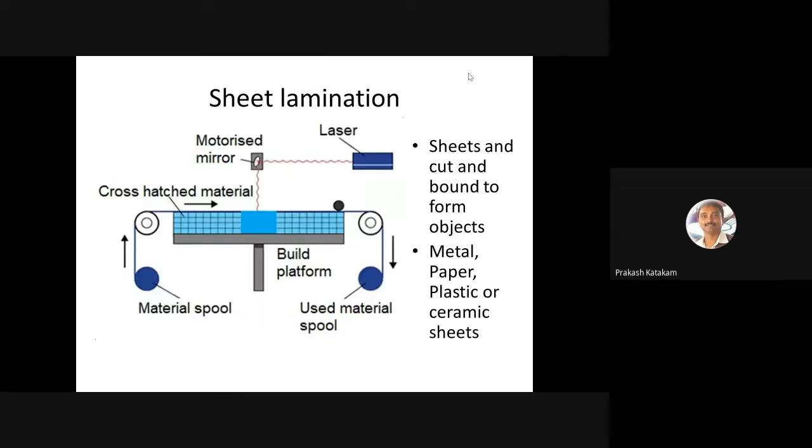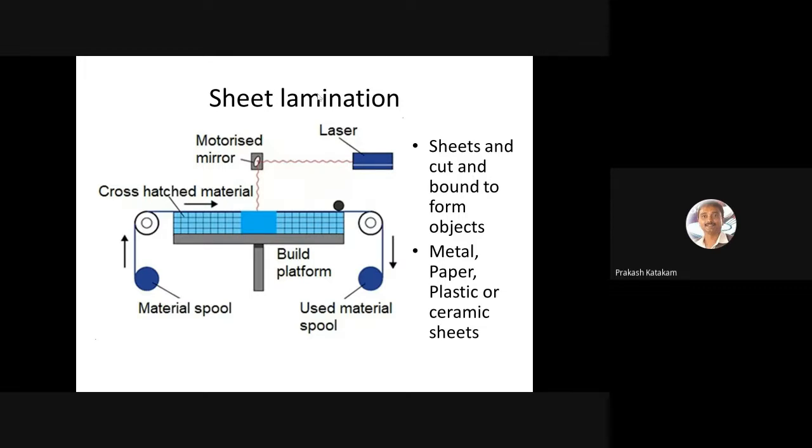Finally, sheet lamination, as I told you. On the left hand side, if you see, the spool of the material is just a cylinder containing a sheet of metal or paper or plastic or ceramic, whatever. So assume that there is a metal sheet wound on the cylinder.